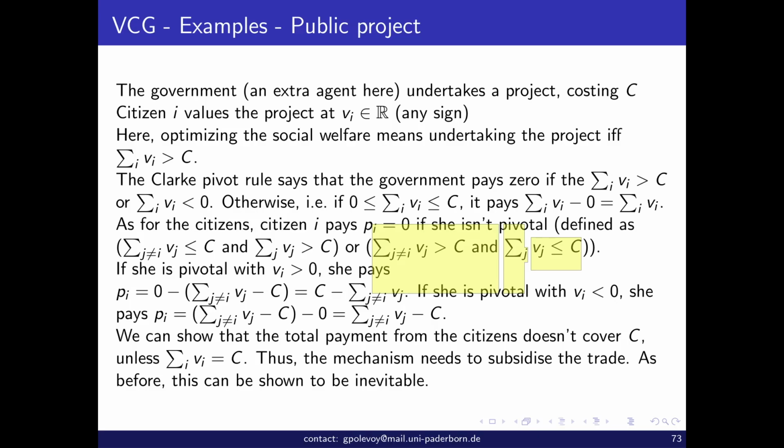Now, if the citizen is not pivotal, she doesn't pay anything, because what the others do without the citizen is exactly the same as what the others do with the citizen, because she is not pivotal.